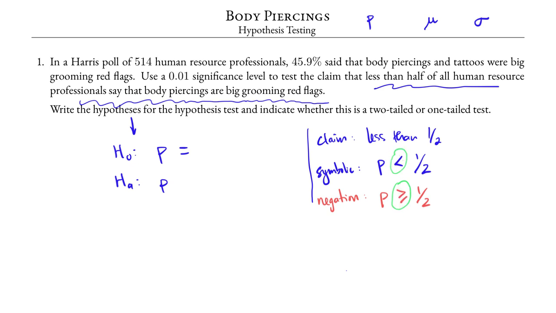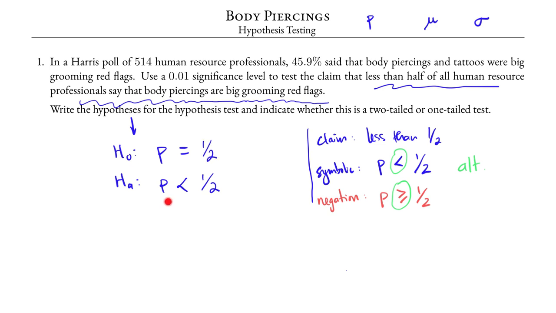Once we obtain the two expressions, the expression without the equal sign is the alternative hypothesis. So in this case, p less than 1/2 is the alternative hypothesis. We write p less than 1/2 in the alternative hypothesis, and the null hypothesis is p equals 1/2.